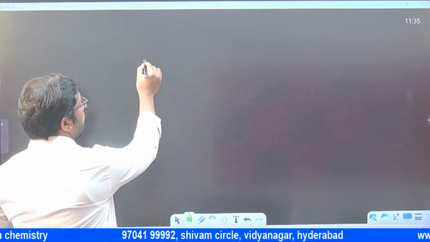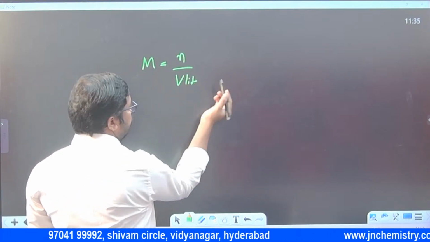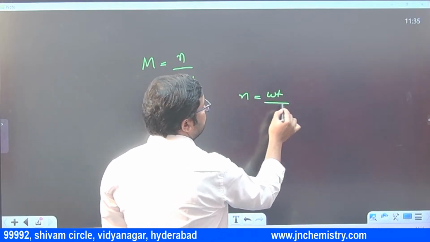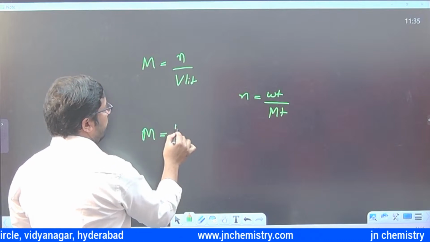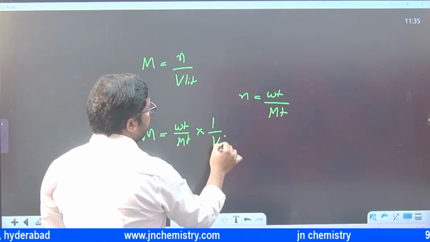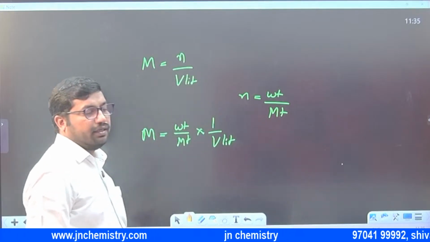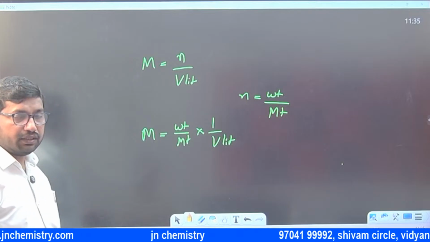Next. So molarity is equal to n by V in liters. n is equal to, in the majority of cases, weight by molecular weight. So molarity is equal to weight by molecular weight into 1 by V in liters. If they are given in ml, into 1000, where does 1000 go?